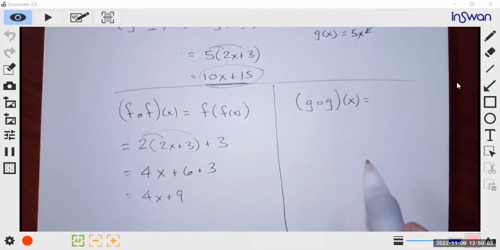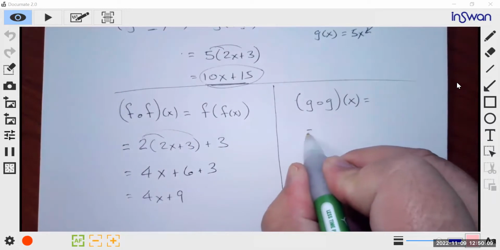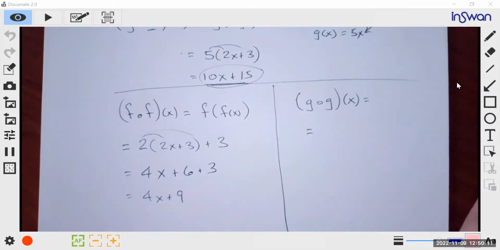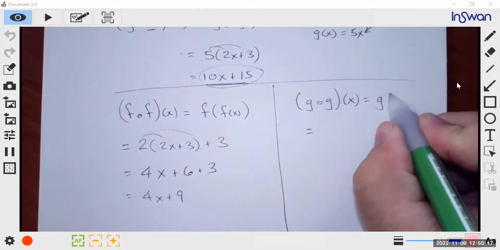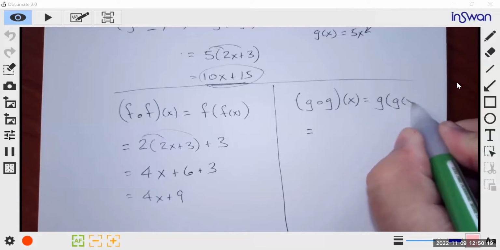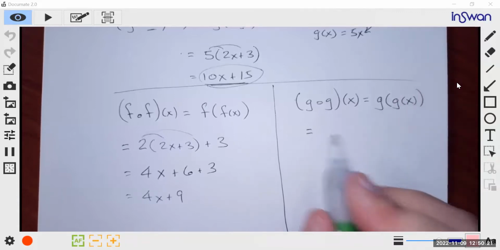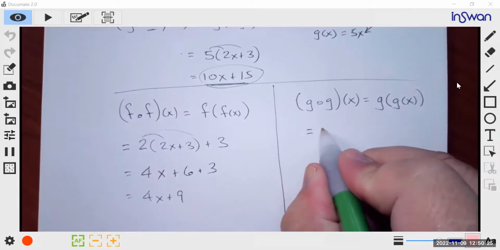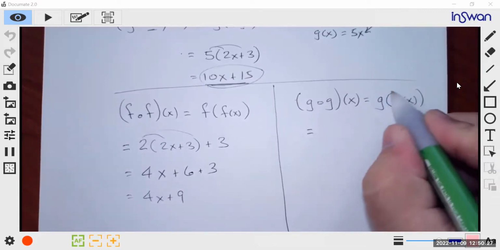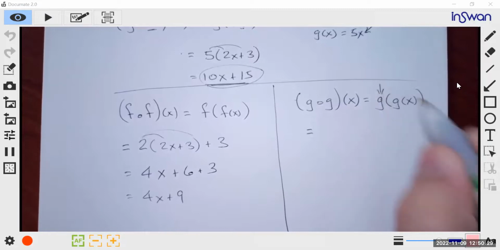And then do g of g. The second one says it's g inside of g. Well, what is g?